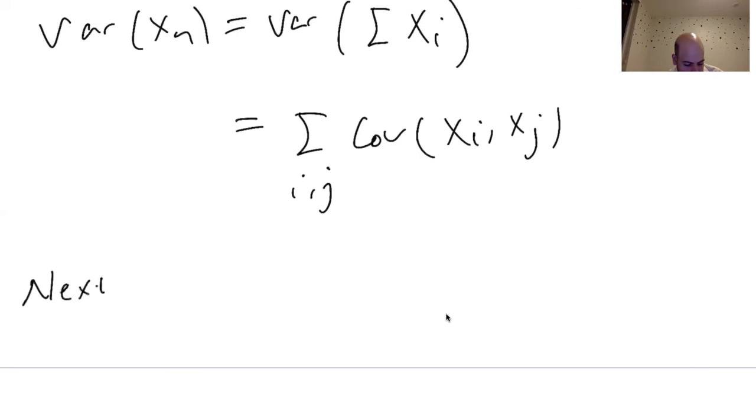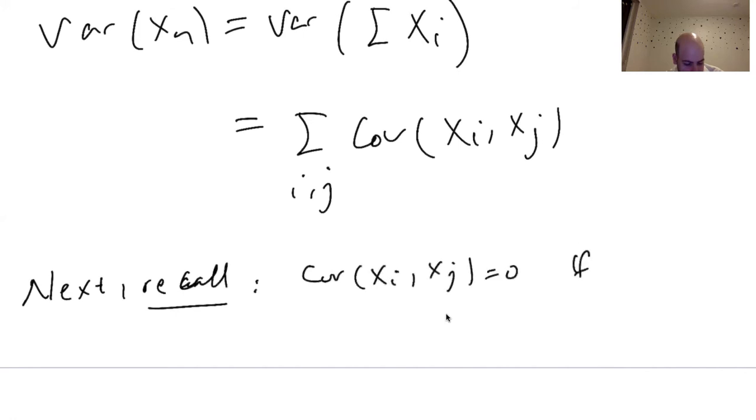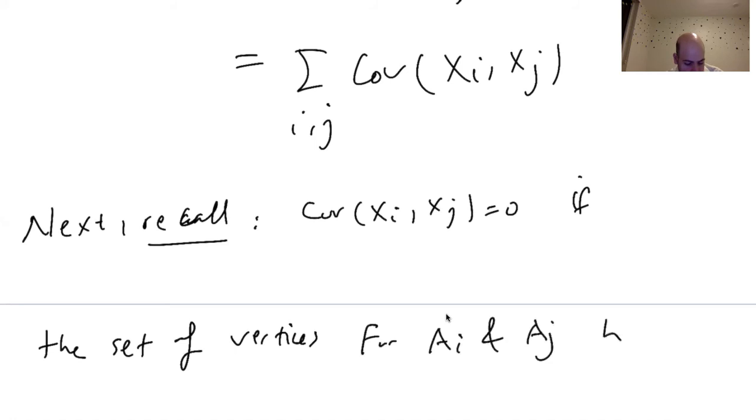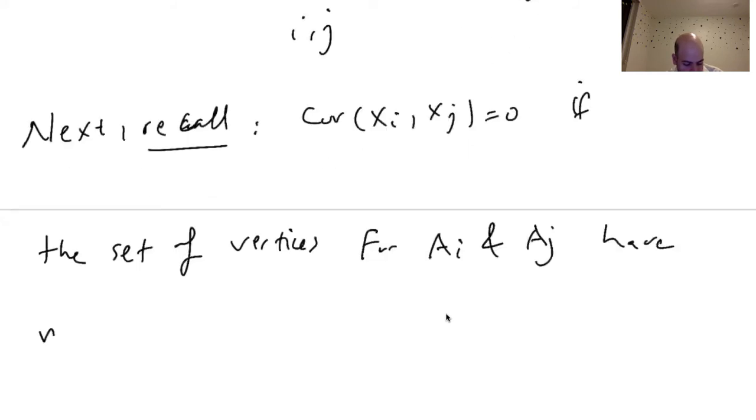Next, recall that covariance of x_i x_j is 0 if the sets of vertices for A_i and A_j have no common element or have one common element.